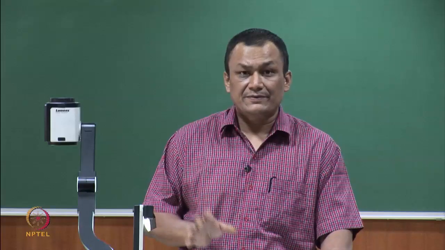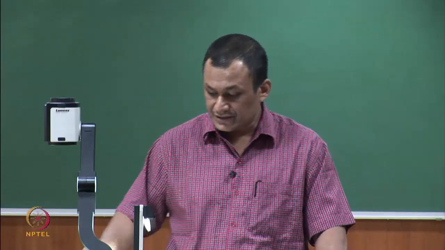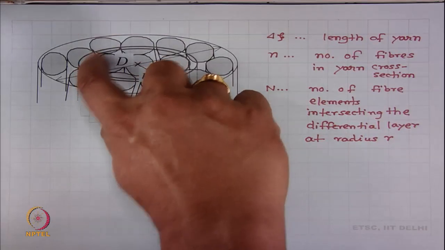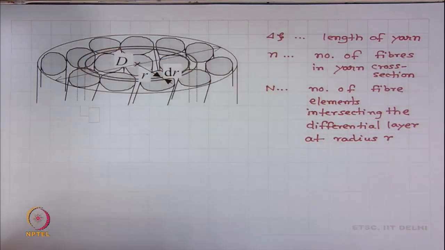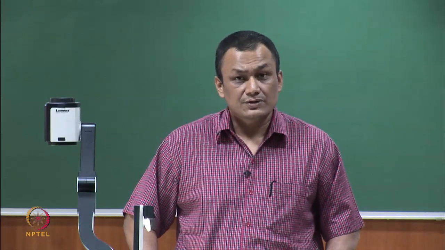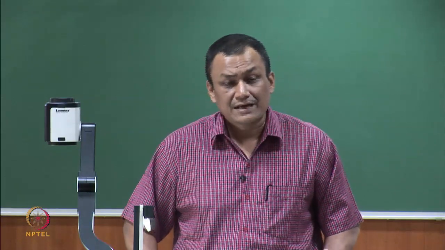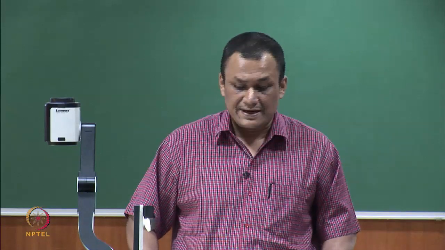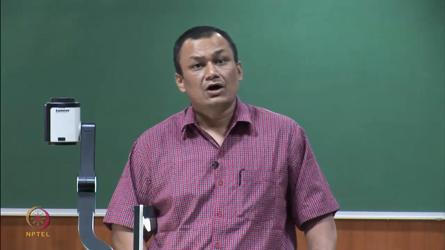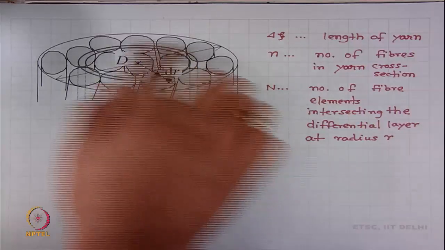Now, there could be many fiber segments which will intersect this differential layer. For example, you see here this segment, likewise there could be a large number of segments which will intersect this differential layer. That number we think about as capital N. Now, we need to find out the packing density of fibers in this differential layer.